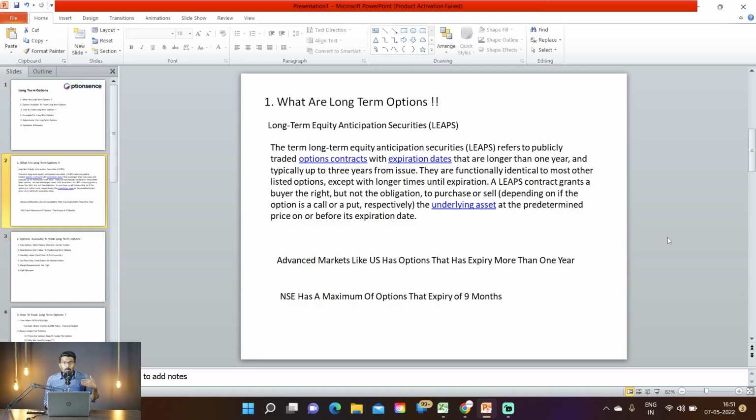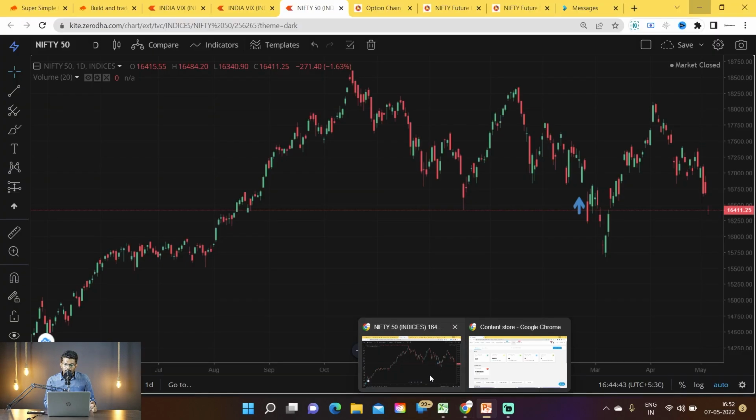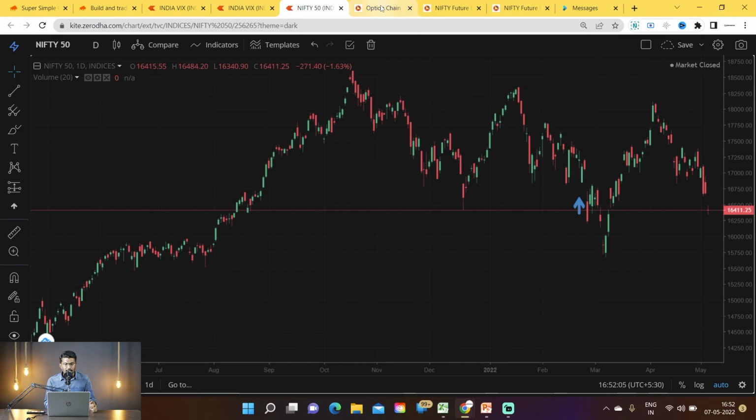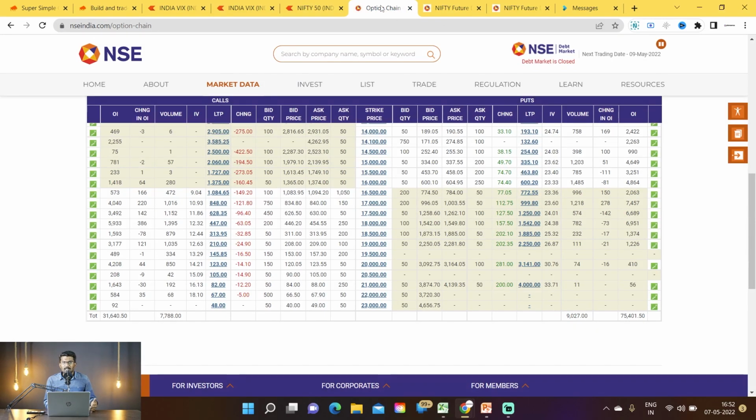As I told you, advanced markets like the US and Japan have LEAPS, but India doesn't. So maybe if you see the NSE website, they will have options, but you might not find liquidity.